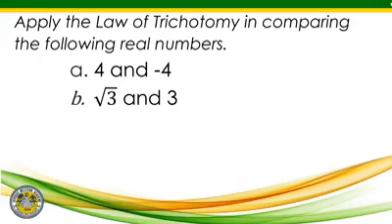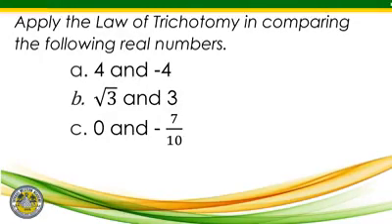Another example is 0 and negative 7 over 10. If we apply the law of trichotomy, 0 is greater than negative 7 over 10, because we all know that all negative numbers are less than 0.